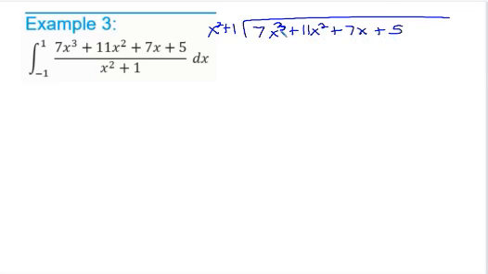So I need to multiply by 7x, which turns this into 7x cubed plus 7x. Where do I put that? I need to line it up over here, like that, and then subtract.